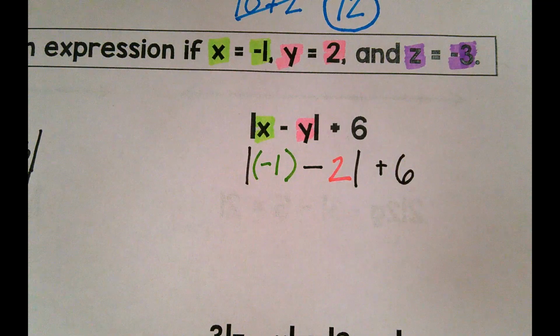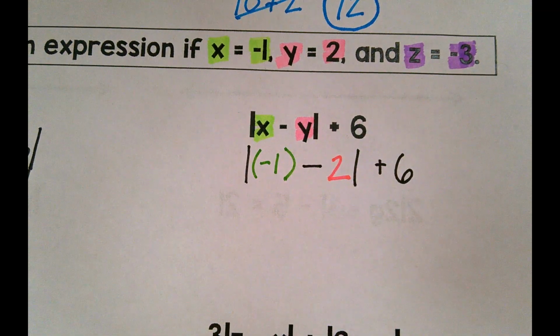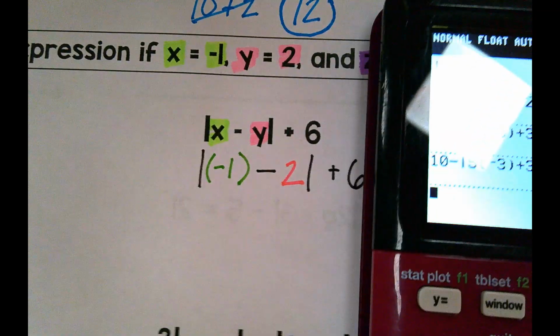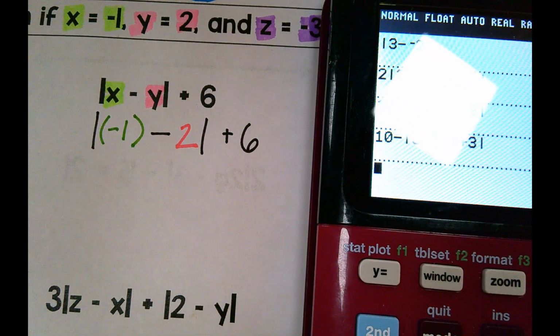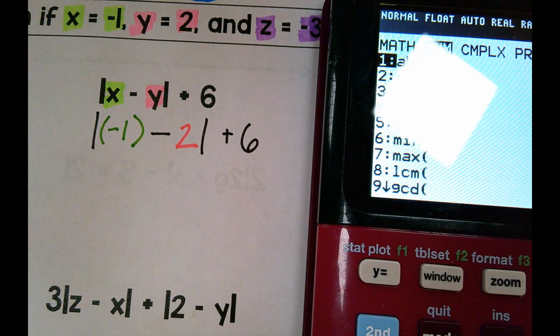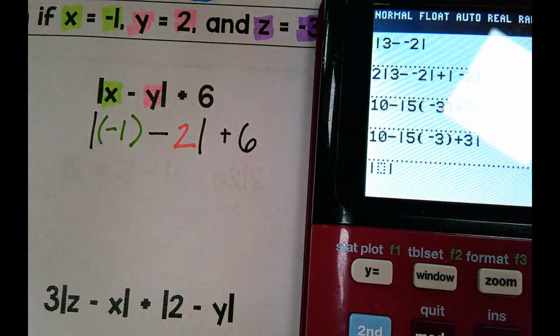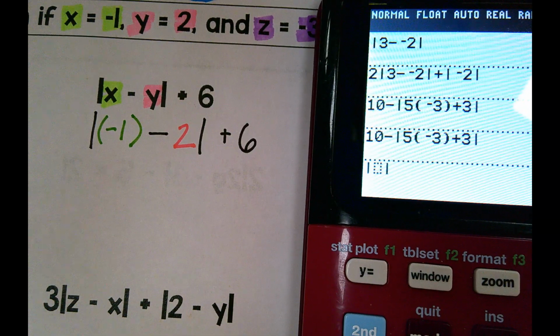So, why don't we type this in our calculator? Let's see if we can just get an answer. Here's what I'm typing. I go to math, absolute value, and we're typing -1 minus 2.